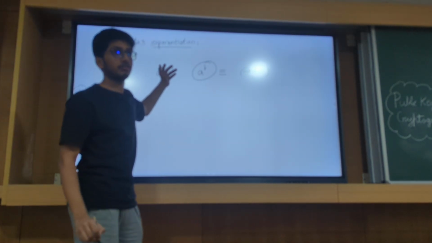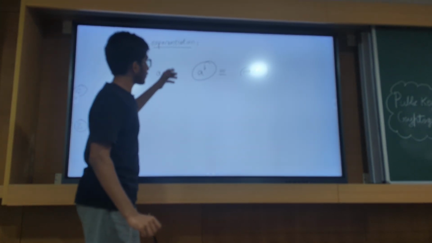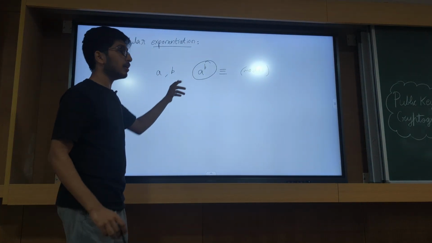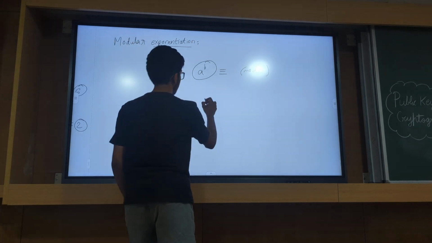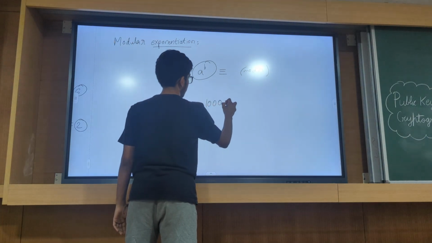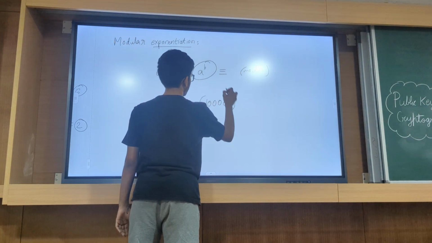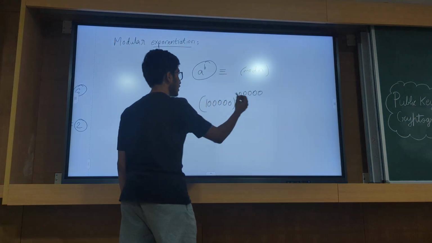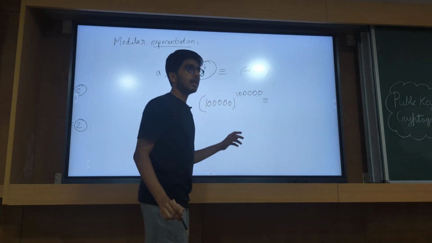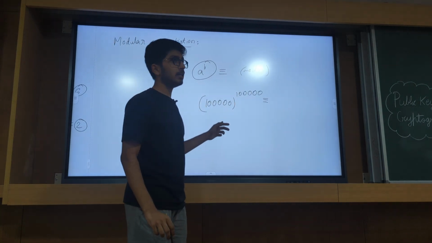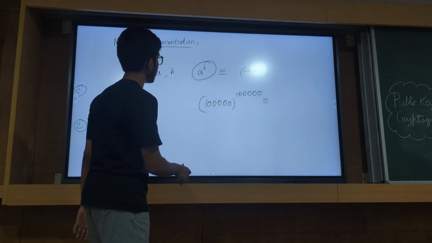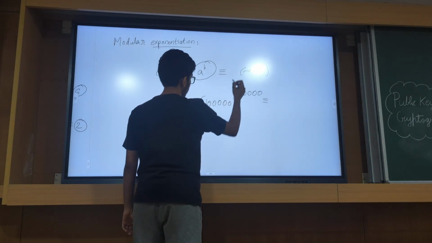But calculating it directly is a very bad method, because let's say a is some lakh, and b is also 1 lakh. First calculating a power b and then taking the modulo is a very computationally inefficient way. So instead of that, what we can do is, at each step you can find a modulo.